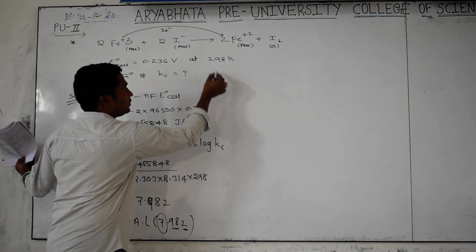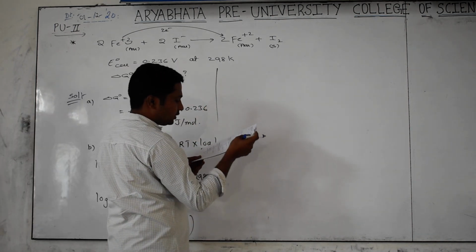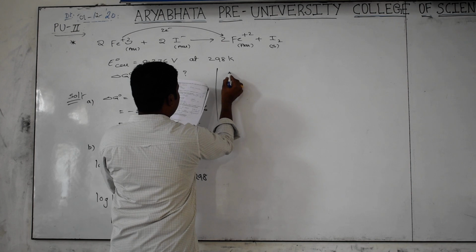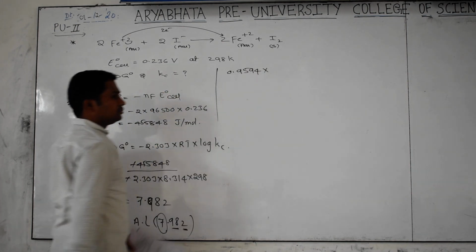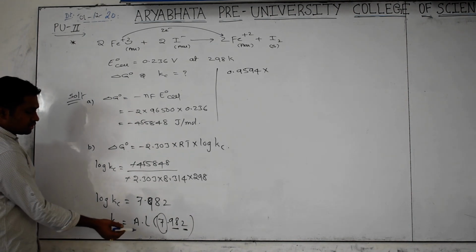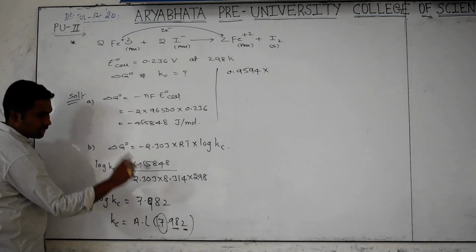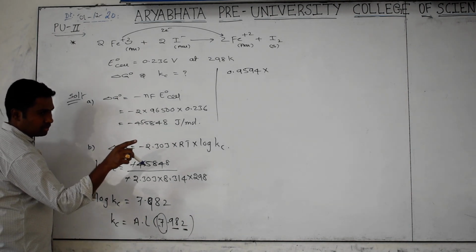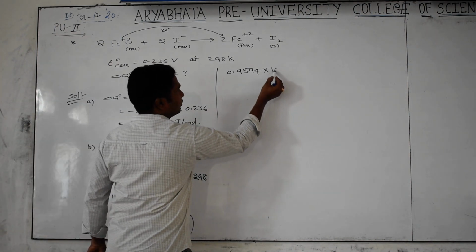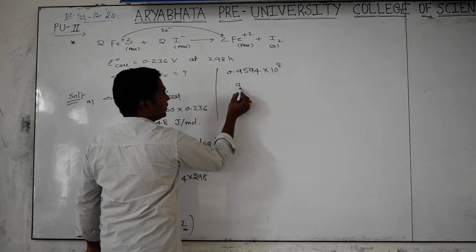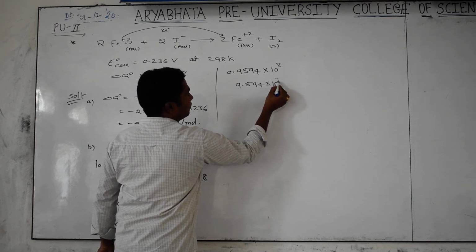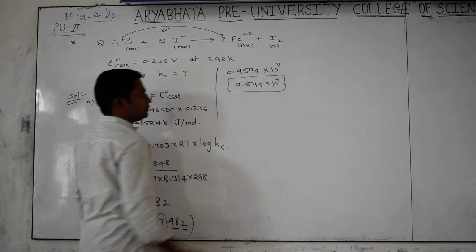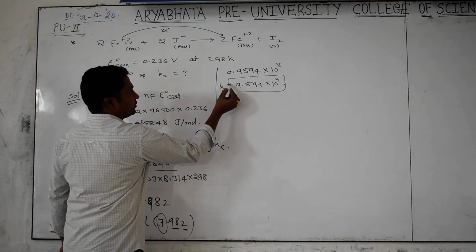For 98 2, it is coming at 0.9594. There is a rule: before the decimal, whatever number is there, add 1 to it. 7 plus 1 is 8, write it as 10 to the power. So it is nothing but 9.594 into 10 to the power of 7. This is the Kc value.